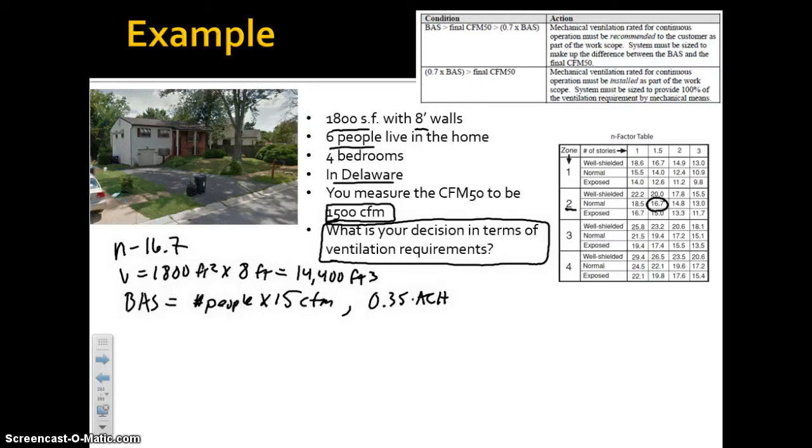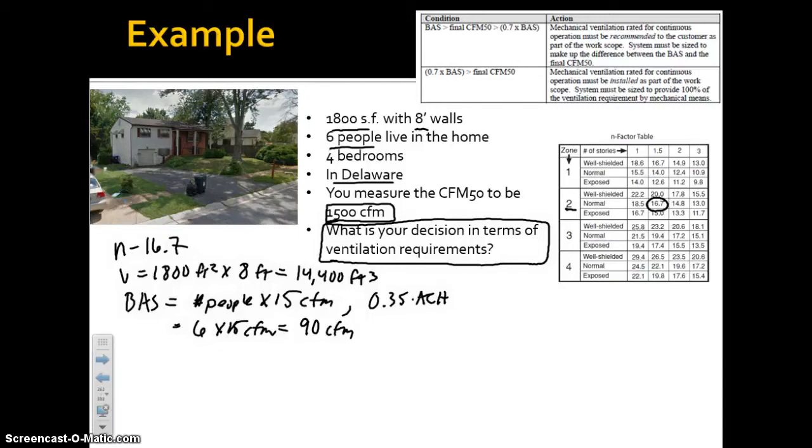Okay, so we're choosing between, we have 6 people, so 6 times 15 gives us 90 CFM. Now remember our ACH calculation, and we'll actually have a sheet that we can work on this and just fill in the numbers.